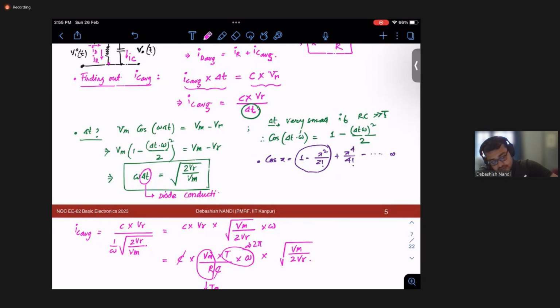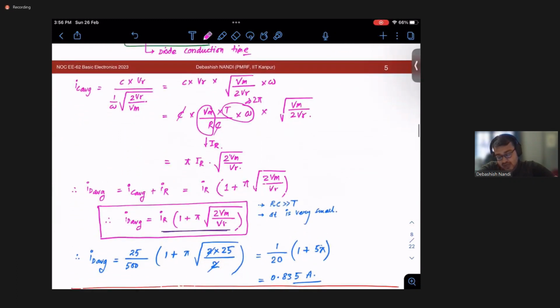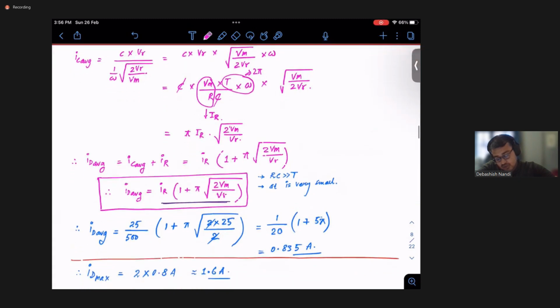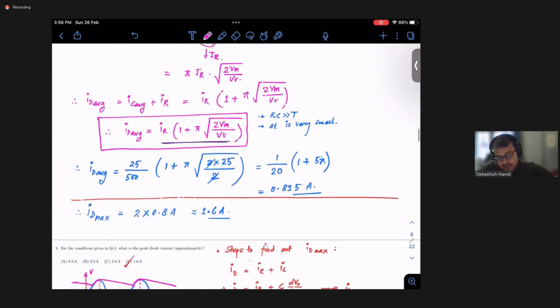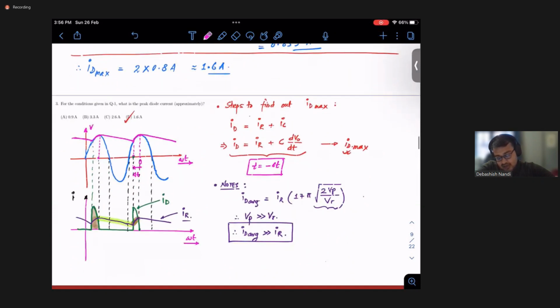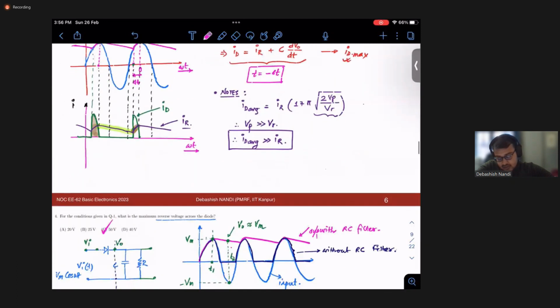If this is asked, you can also find it out easily. And then we found the average current across the capacitor and eventually the average current across the diode. So we have also seen how to find the maximum diode current. We have seen how the diode current and the resistance current look throughout the cycle, right?